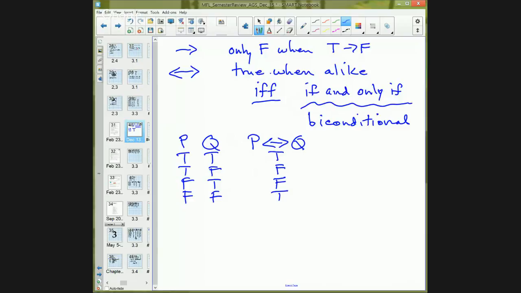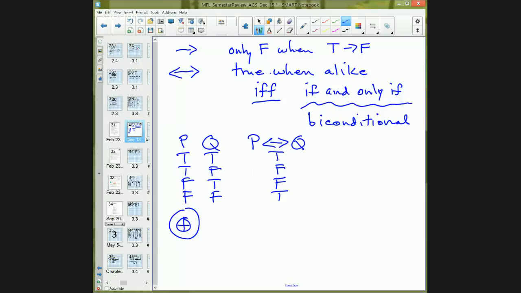And who remembers what's the rule that works exactly opposite of this? True when they are different. Right, but which symbol is that? Is it the double line with the arrows? No, the double line with the arrows is equivalent to. So then is it the exclusive or? Yeah, the exclusive or. Now that one's true when they're different.